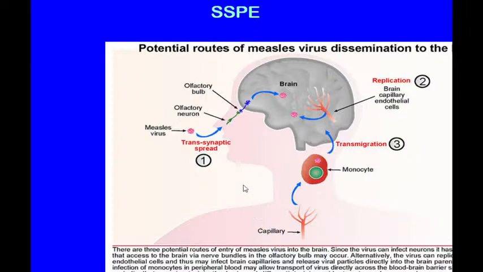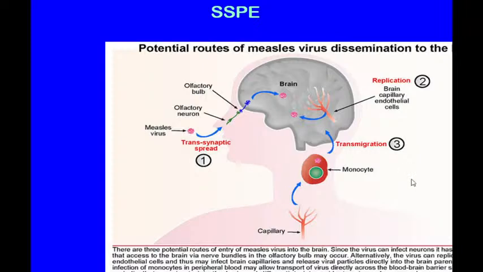So the virus may access the brain through the nerve bundles in the olfactory bulb, and through the olfactory neuron and olfactory bulb, so it can be transmitted to the brain. This is the first way.